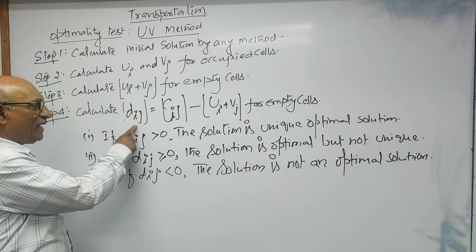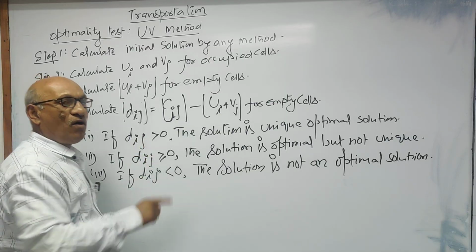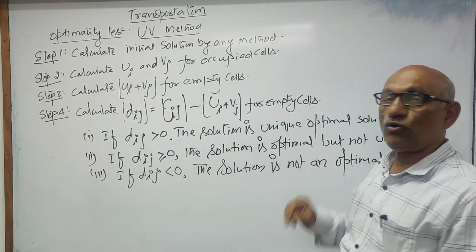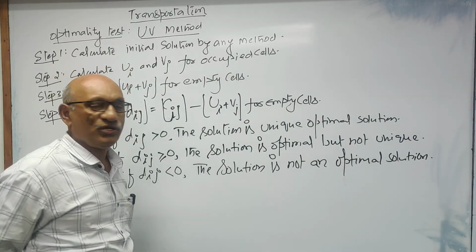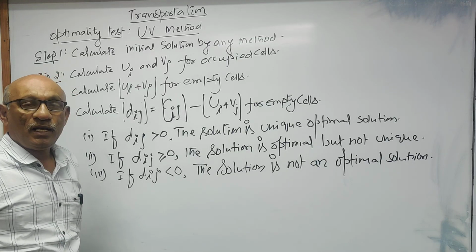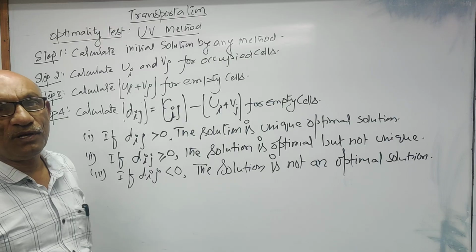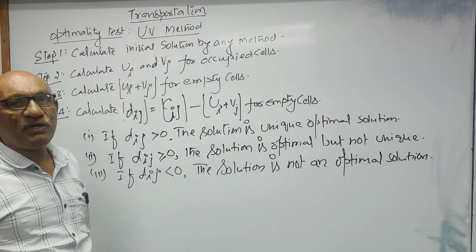Now here you will get a matrix. In this matrix, if all the values are positive, then the solution obtained is unique optimal solution. Again I am repeating this point. If the values in the Dij matrix are greater than 0, means positive, the solution is unique optimal solution.